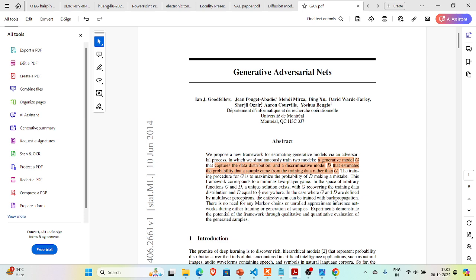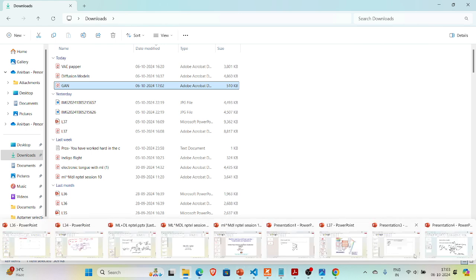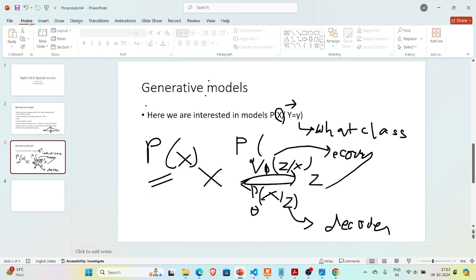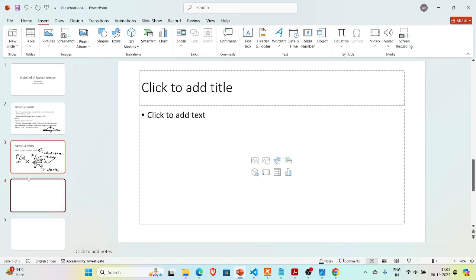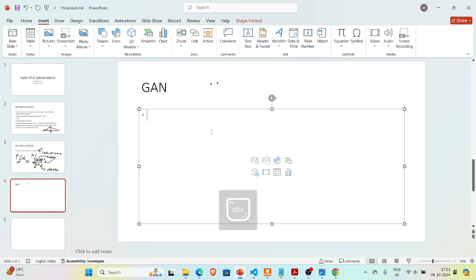So we're going to cover GAN now. Here we have two models inside one model.